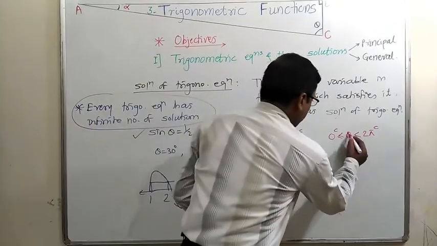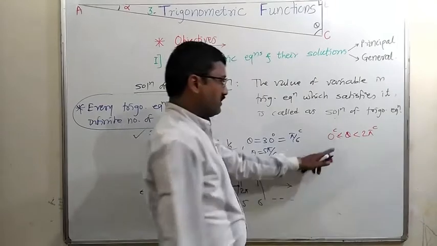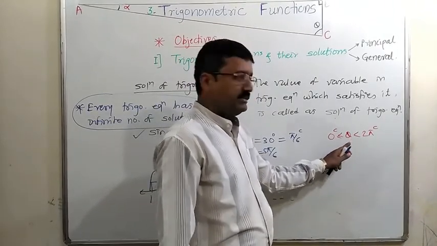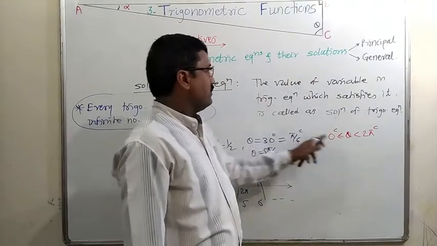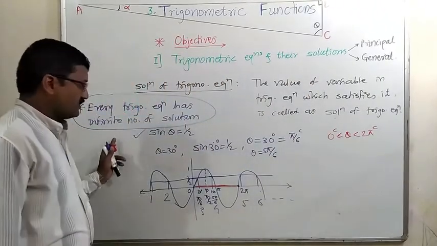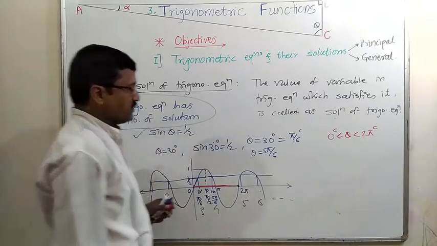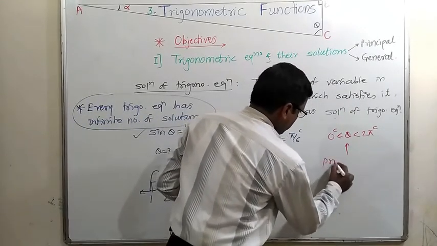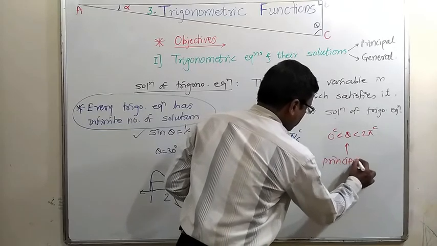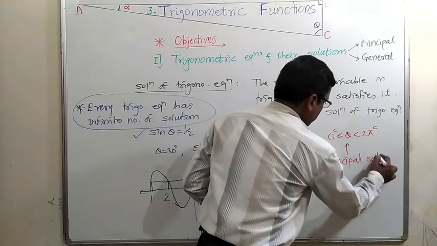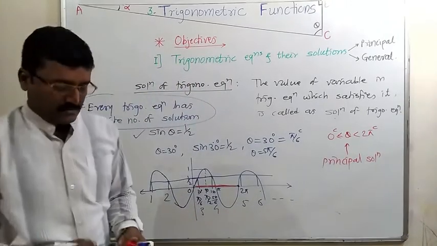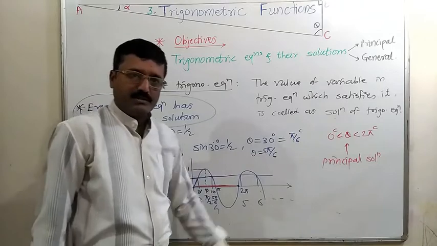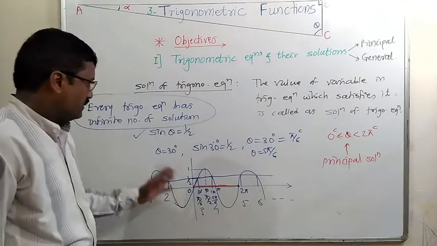If this theta is greater than or equal to 0 and less than 2 pi, then the value of theta is called the principal value of this trigonometric equation. So if this theta satisfies this condition, then it is called the principal solution. There may be one principal solution or two principal solutions for that trigonometric equation.